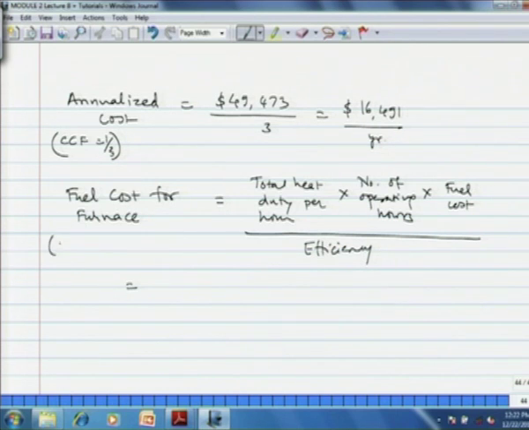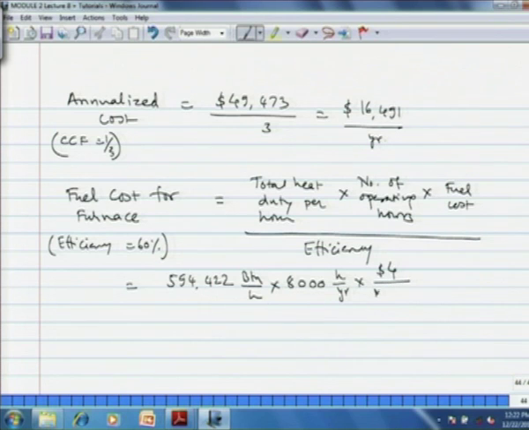The efficiency is given to us as 60%. The total heat load that we have already calculated, 594,000 BTU, into 8,000 hours per year, into the fuel cost, that is $4 per MMBTU, million metric BTU.